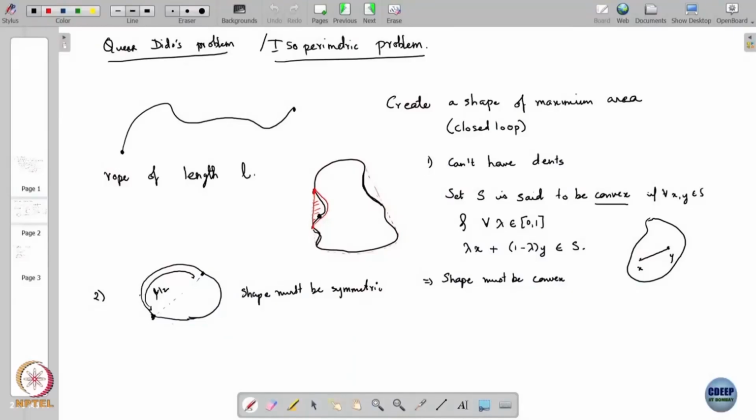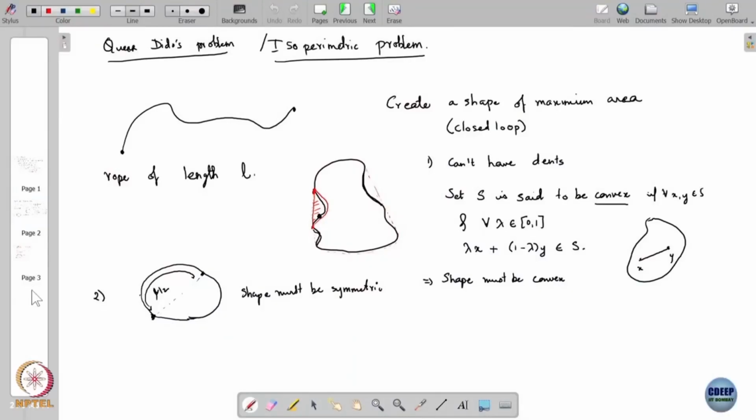So what was the logic that we followed? If you think about it, what was the logic? We said, consider a shape. Suppose this shape is not a circle. Then what we did is we presented a method of manipulating it. One was by removing dents, second is by symmetrization, and third is by introducing this hinge.